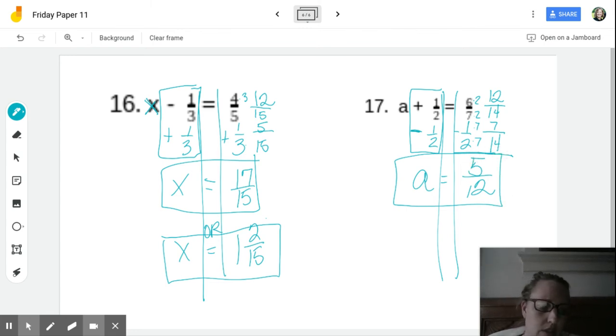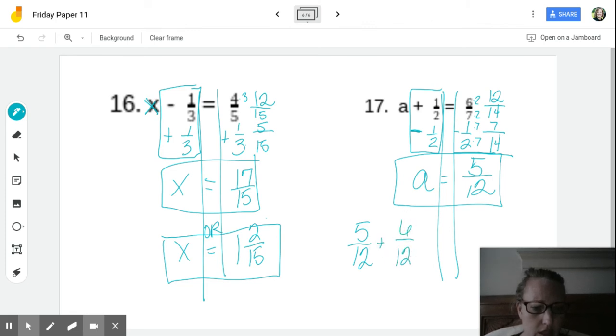We could check that. Let's plug it in. For A, 5/12 plus a half, which is the same as 6/12, right, is equal to 11/12. So something's wrong here.